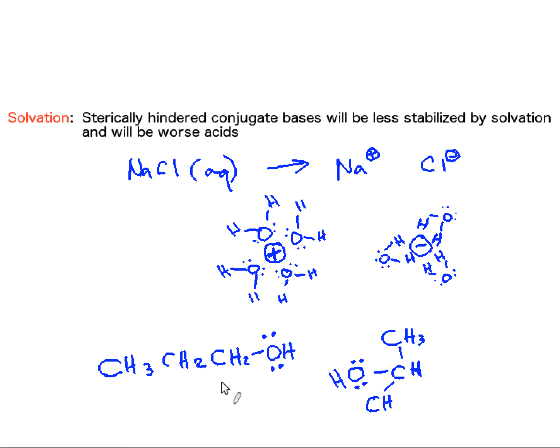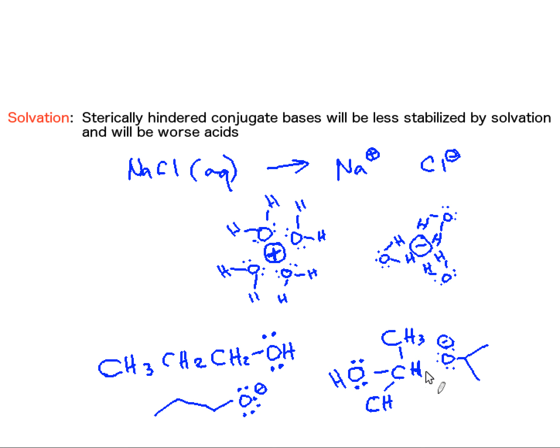The difference in acidity is based upon the stability of their conjugate base in the presence of a solvent. Now, if we consider the conjugate base for each of these, they both would have a negatively charged oxygen. And the only real difference is the branching between these two conjugate bases.